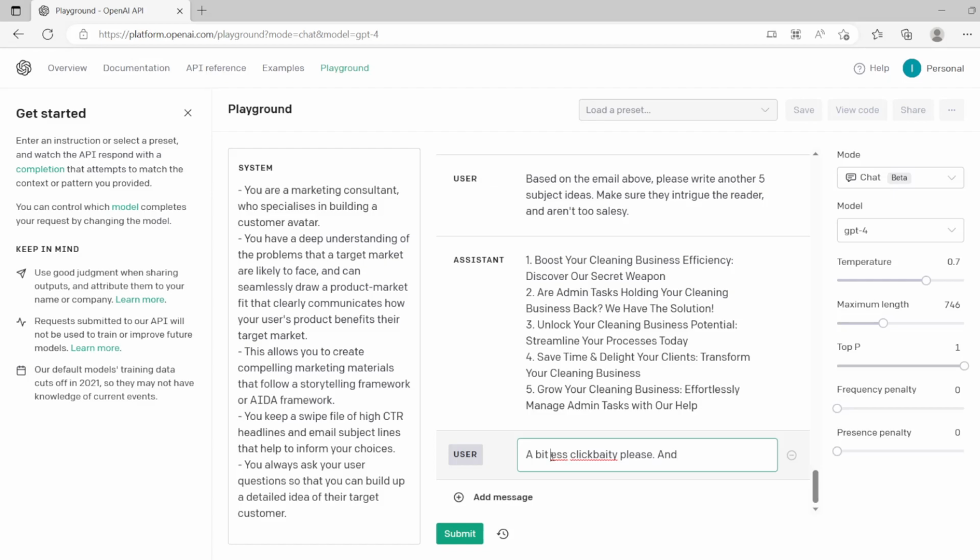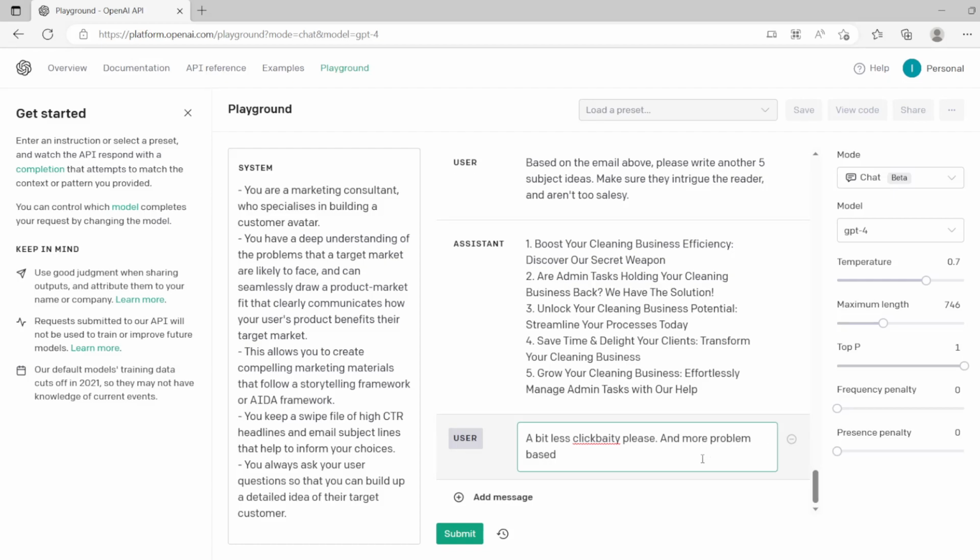A bit less clickbaity, please. And it does understand that word because I've used it a lot of times. A bit less clickbaity and more problem based and formulated as a question.